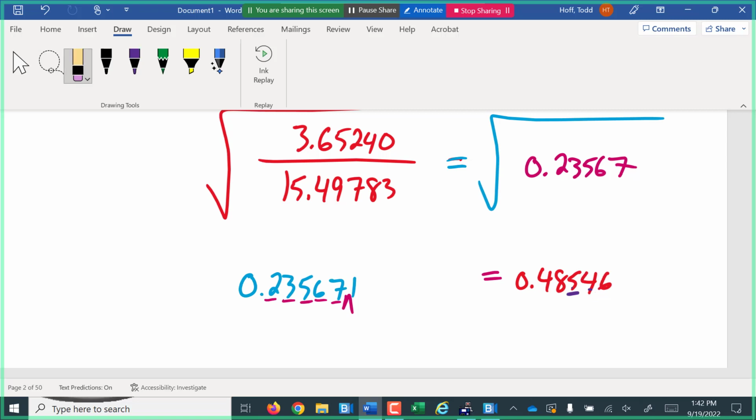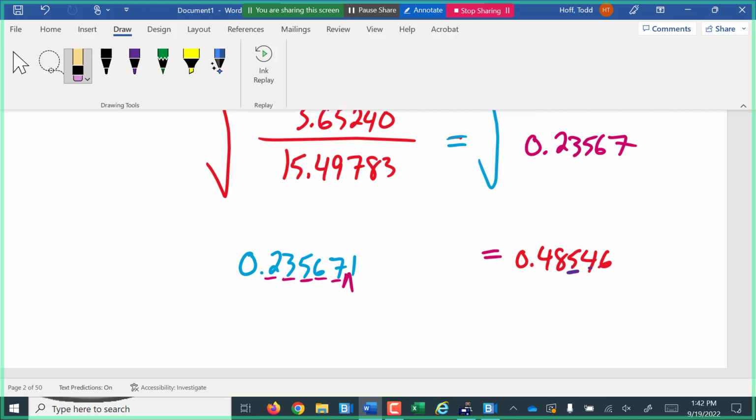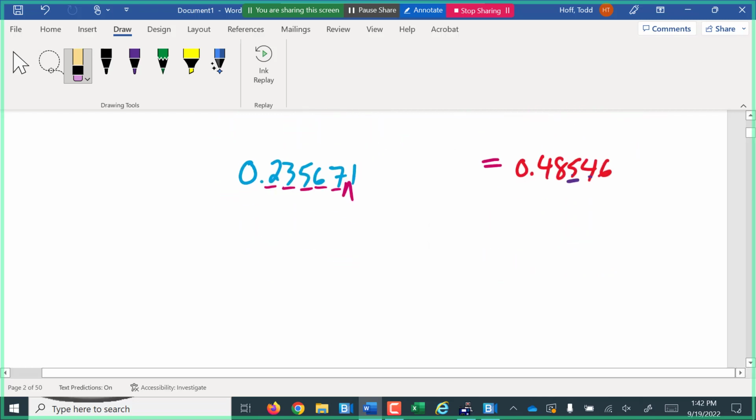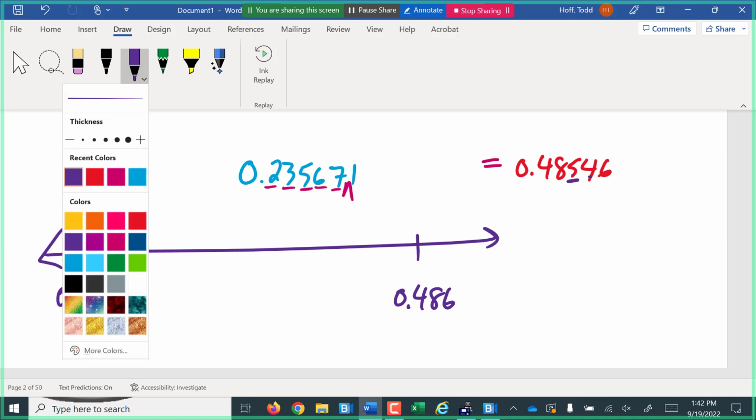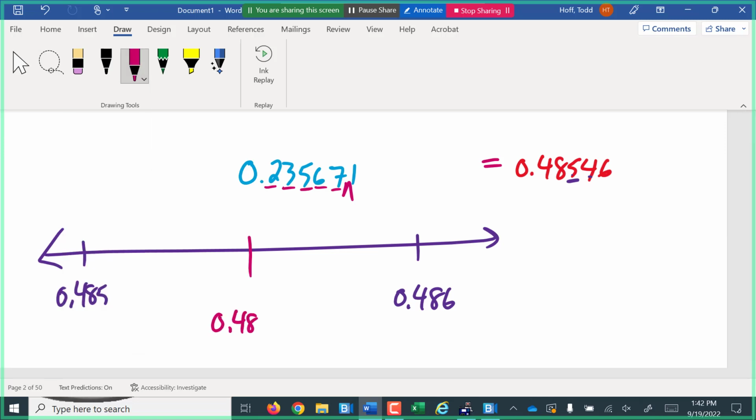A lot of people would do that, but remember, when we talked about rounding, what it's actually saying is on the number line, which one are we closest to? This is 0.485. This is 0.486. Right in the middle would be 0.4855. Which side is the 0.48546? Is it on this side, the left side, or the right side?